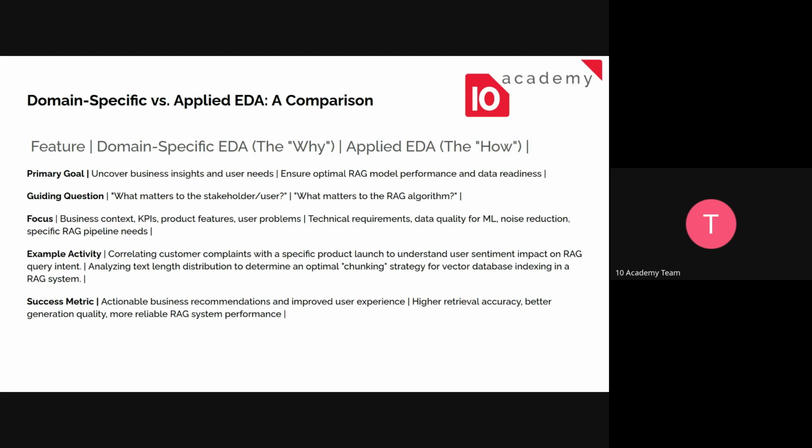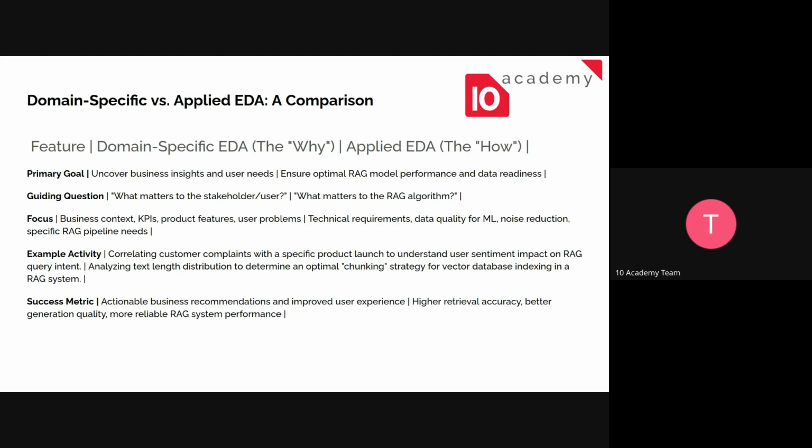An example activity is correlating customer complaints with a specific product launch to understand user sentiment and its impact on RAG query intent, or analyzing text length distribution to determine the optimal chunking strategy for vector database indexing in a RAG system. Also the success metrics: can we give actionable business recommendations based on the retrieval system that we have used?